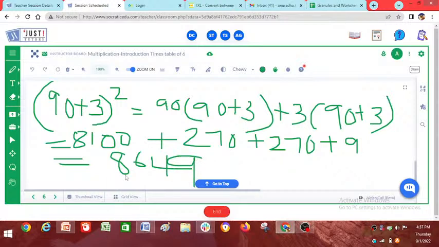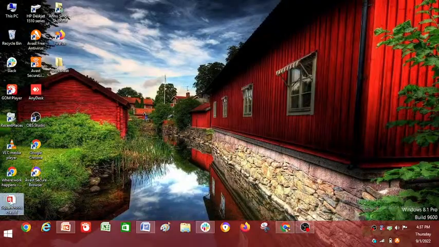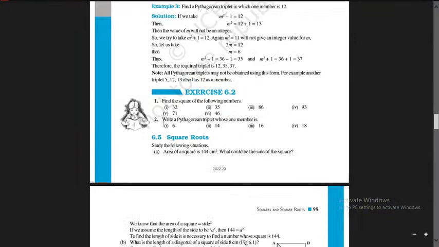So now we are going to move to the second question. Let me show you the second question again. So in the second question we have, write the Pythagorean triplet whose one member is 6, 14, 16 and 18. So let's start with the first one.